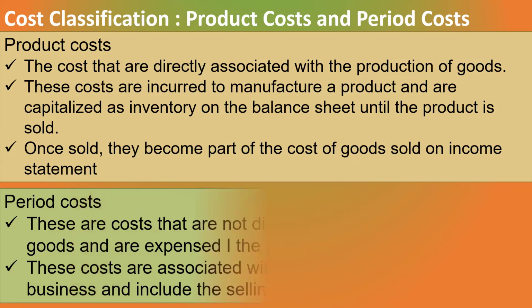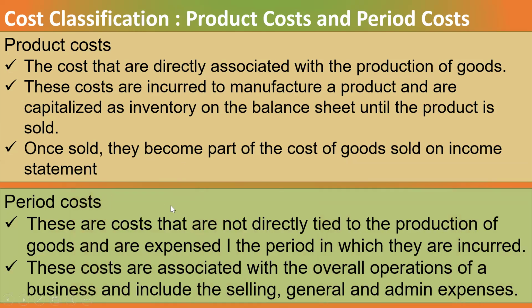The second one is period cost. These are the costs that are not directly tied to the production of goods or services and are expensed in the period in which they are incurred. These costs are associated with the overall operation of a business and include selling, general or administrative expenses.